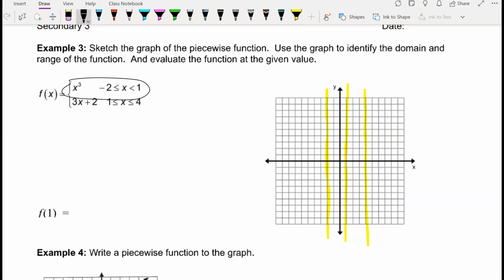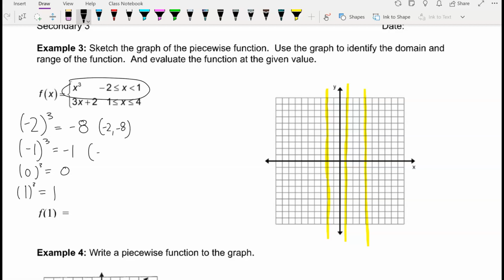So x to the third, so from -2, we've got to start at -2 to the third, which is going to be -8. -1 is going to be -1. 0 is going to be 0. Then 1 to the third is 1. So -2, -8, -1, -1, 0, 0, and then 1, 1.